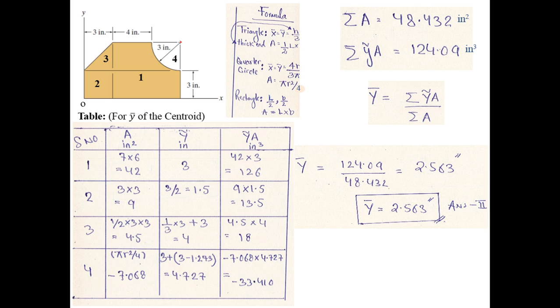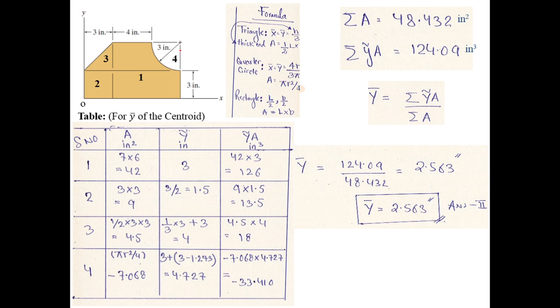And similarly, the centroid of this quarter circle measured from its center will be this value. And this is again 1.273, the same formula, 4r upon 3 pi measured from this point. This dimension is 3.